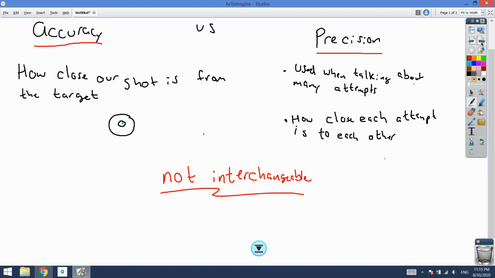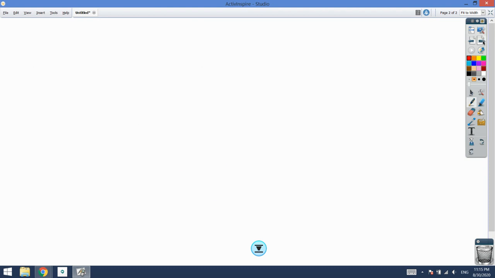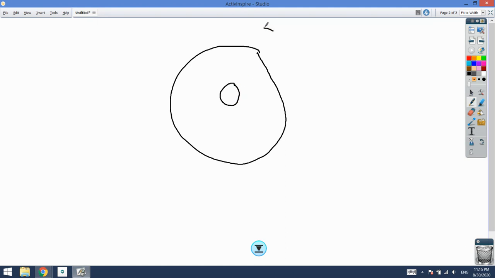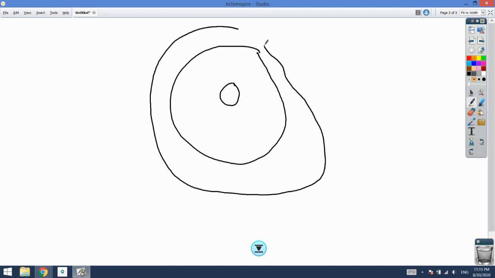Let's go up to a new page here and take it back to our target. So 1, 2, 3. Oops, that's a bad circle. Let's try that again. Well, that's as good as I'm going to get right now. So let's try to define a couple things.